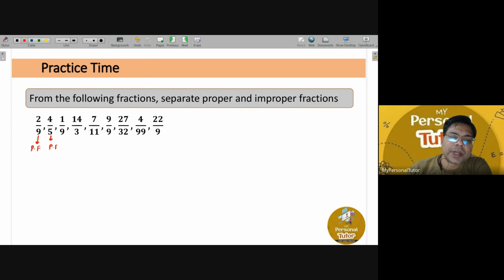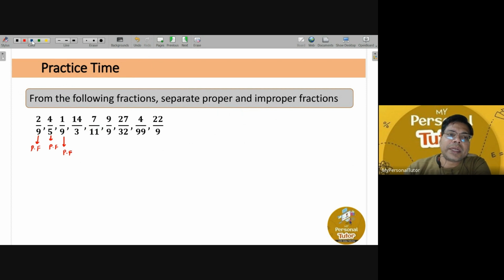What is a proper fraction? A fraction in which numerator is less than denominator. Okay. Similarly, coming to the third part, that is 1/9. Here also, numerator is less than denominator. So this is also a proper fraction.